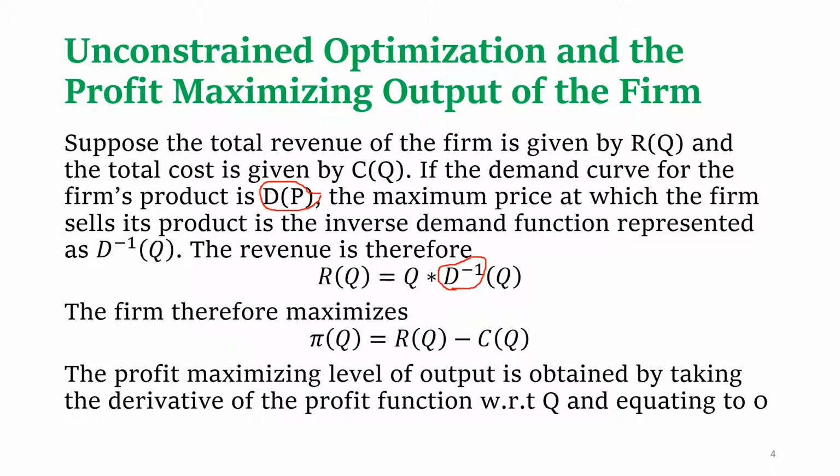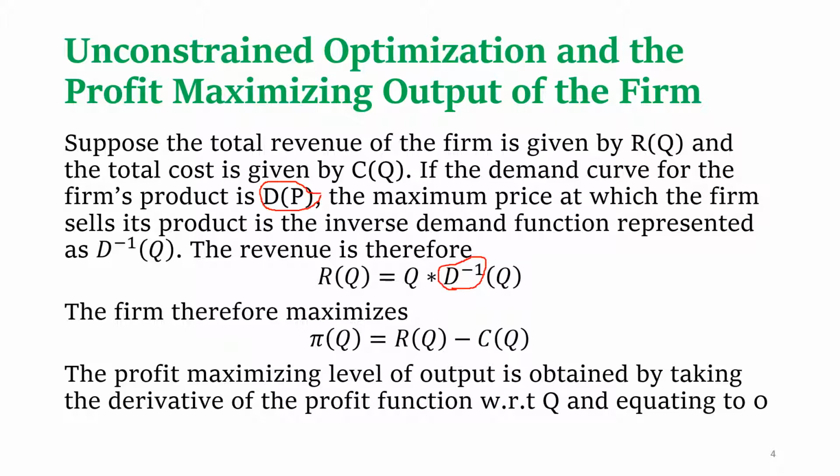The reason why we are deriving the inverse demand function is because we want to find the maximum price at which the farm is going to sell its product. And the only way to obtain that maximum price is to obtain the inverse demand function, which expresses the price as a function of the quantity. So that is the first step.